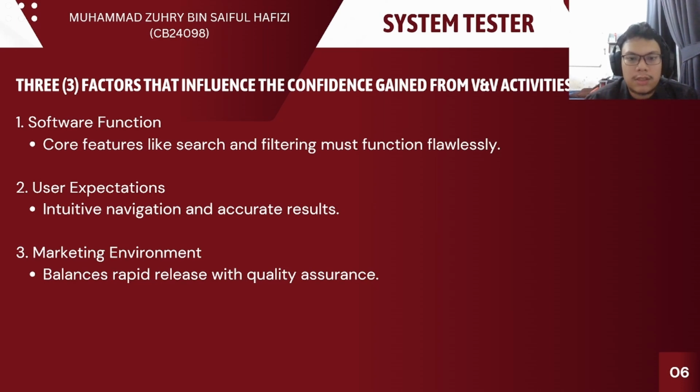Second factor is user expectation. User expectation is the experience for the user, which is intuitive navigation and accurate result from the search that user do from the filtering feature.